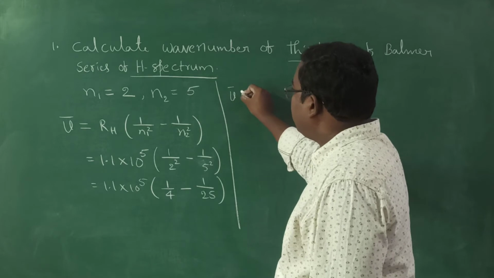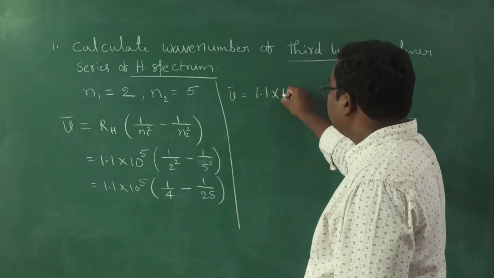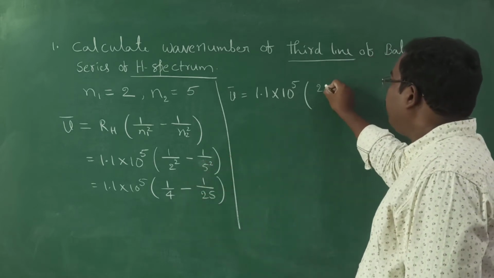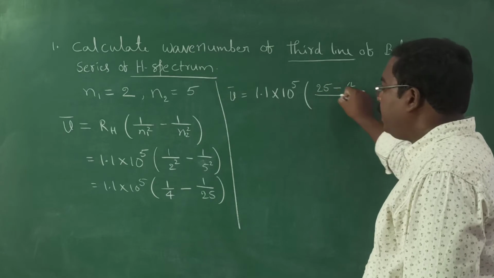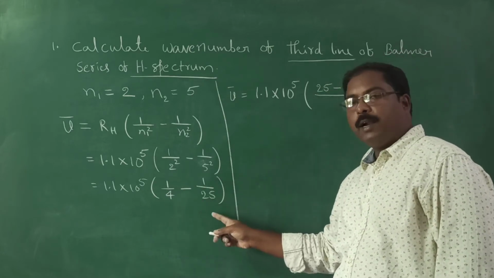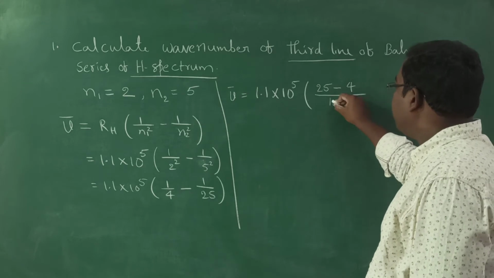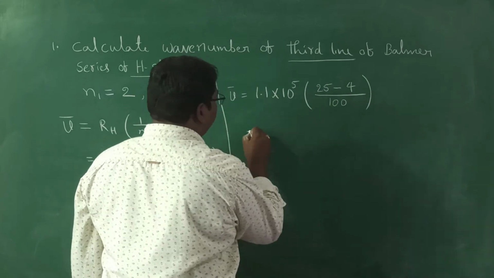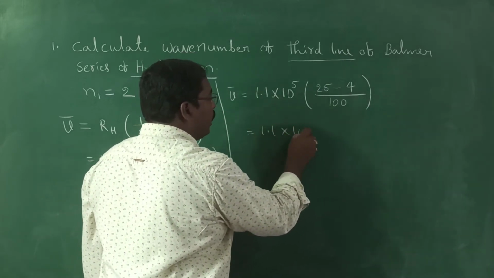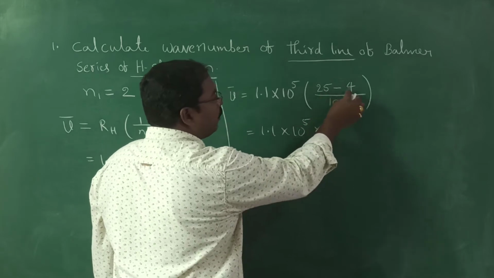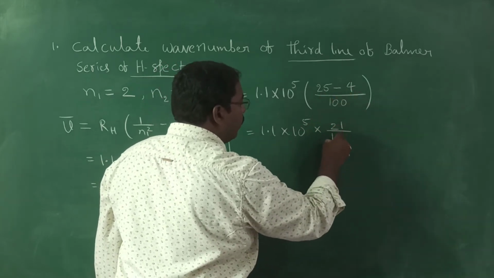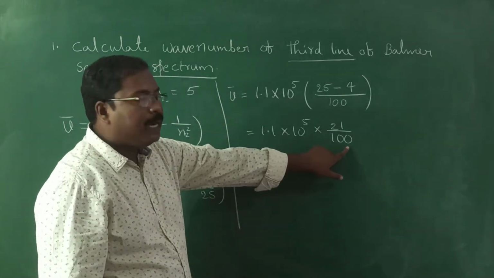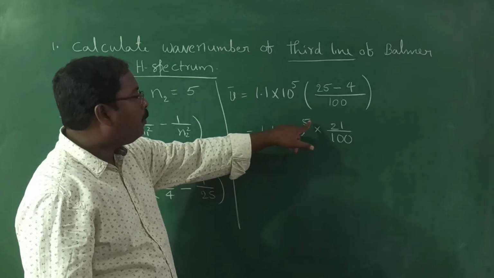So nu bar is equals to 1.1 into 10 to the power 5 into what are we getting there? 25 minus 4 divided by 4 into 25, which is 100. So 25 minus 4 is 21. It is 21 by 100. Divided by 100.